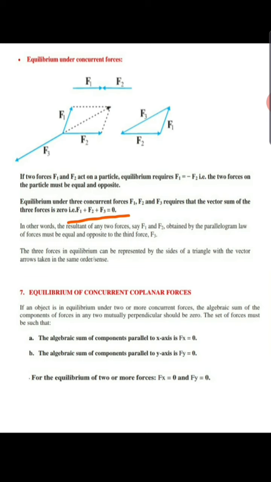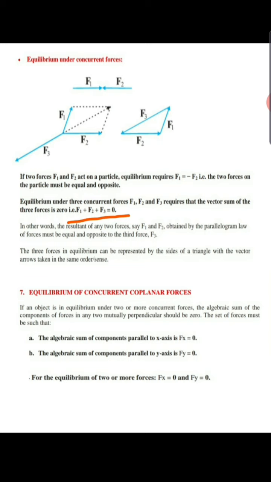In the diagram, it is given that the resultant of F1 and F2 is equal and opposite to F3. So when we take the sum of the resultant of F1 and F2 and F3, we'll get the result to be equal to 0. Anyway, the condition remains the same, that is F1 plus F2 plus F3 equal to 0, vector sum.